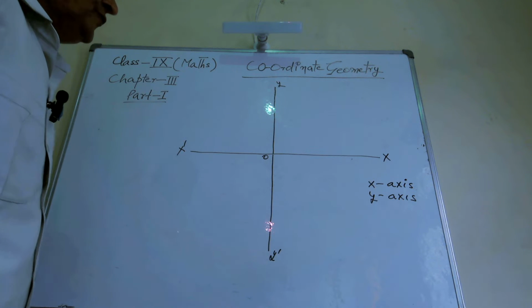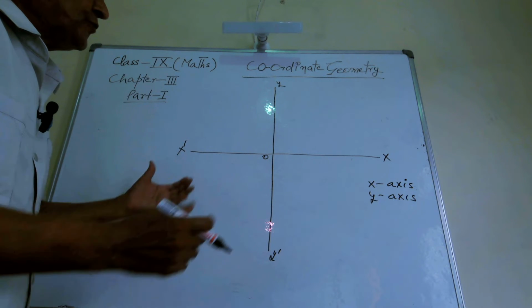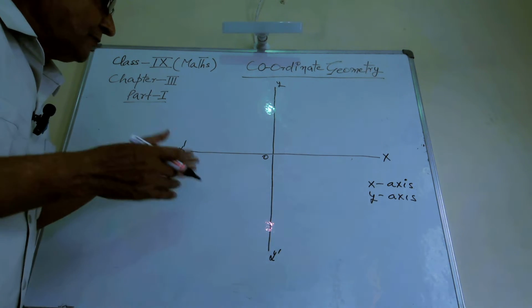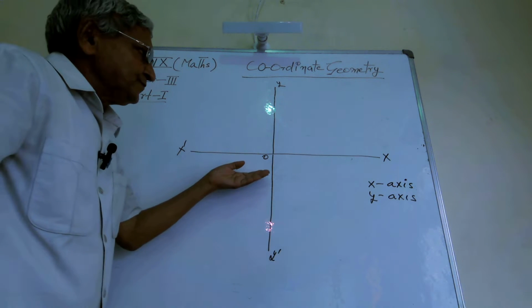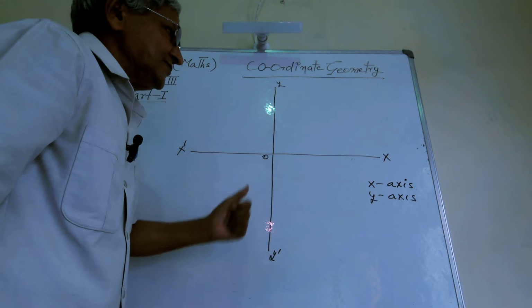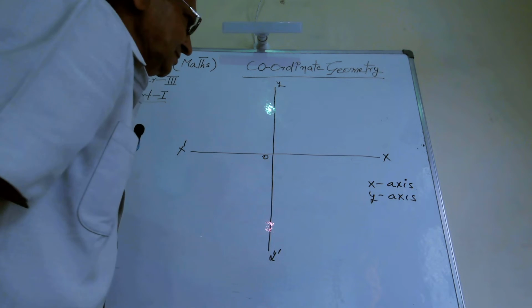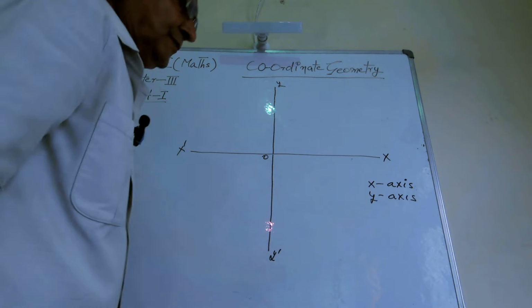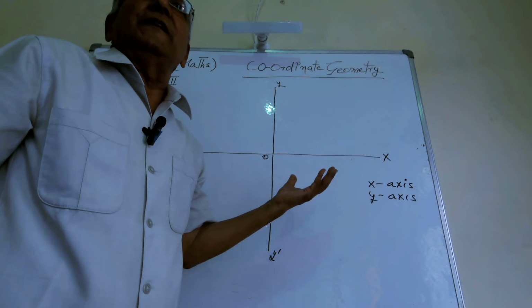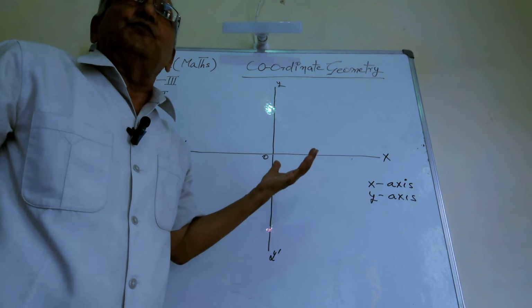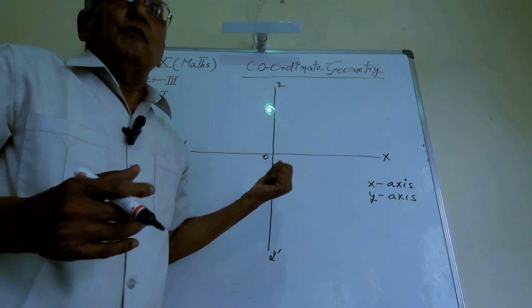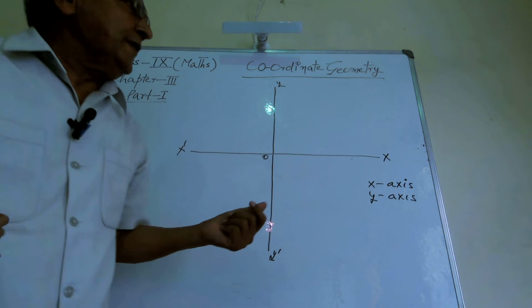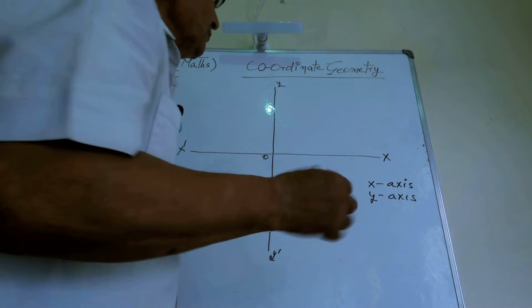Now, to find out the position of any point in the plane, we have to draw these two perpendicular lines, the x-axis and y-axis, and with the help of these two lines, we have to find out the position of a point.